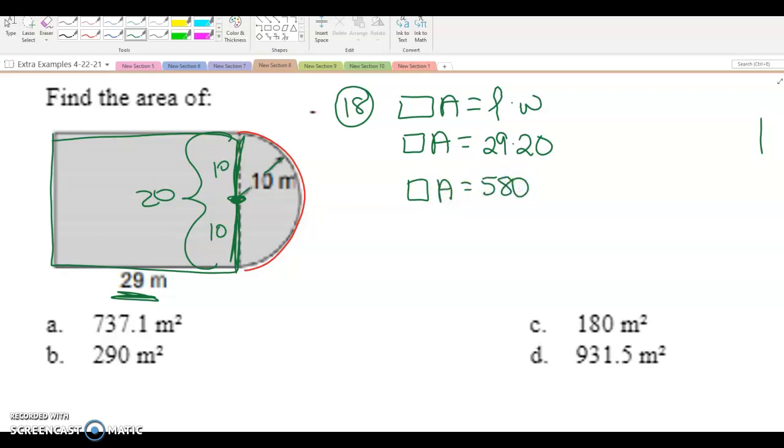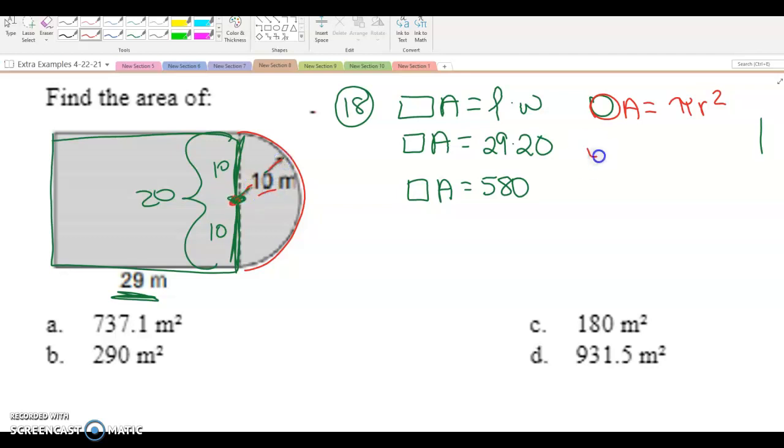And now we'll do our half circle. So first thing we'll do is find the area of a whole circle. There we go. So area of a circle, which is pi r squared. And now, what's the radius of our circle here? 10.